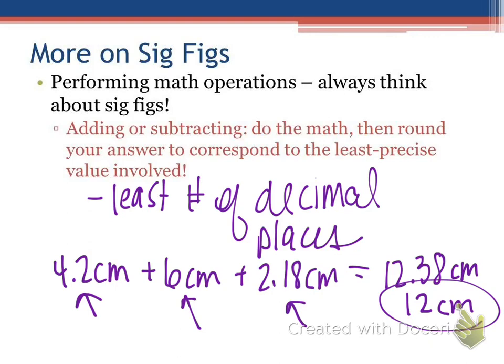If we thought it was exactly 6.0, we should have measured it to 6.0. That would have allowed our answer to be a lot more precise. So when adding and subtracting, you're not thinking about sig figs, you're thinking about decimal places. Questions?